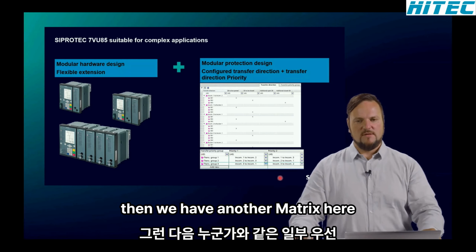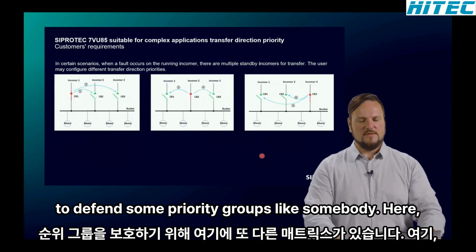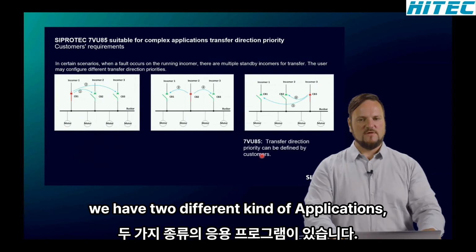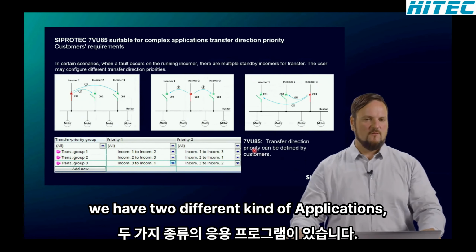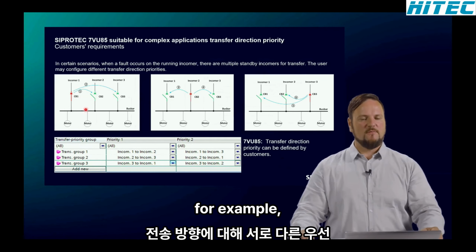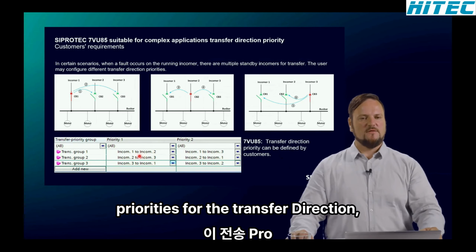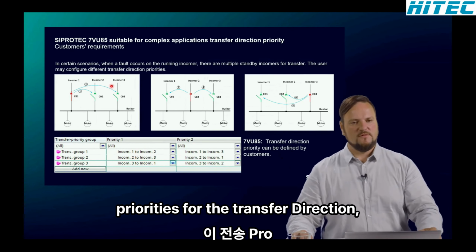Then we have another matrix here to define some priority groups. For example, we have this kind of application where we have three incomers, and we want to define different priorities for the transfer directions.